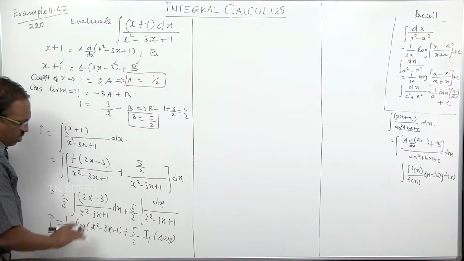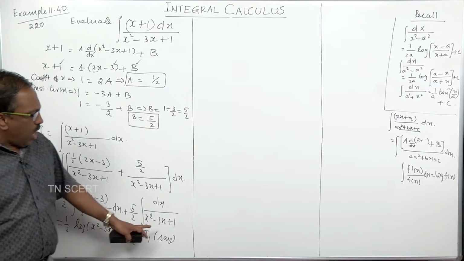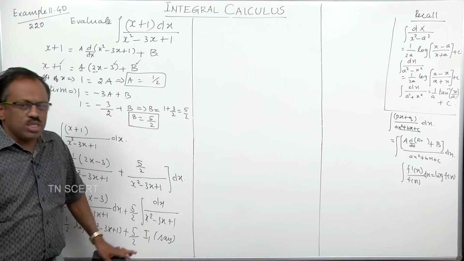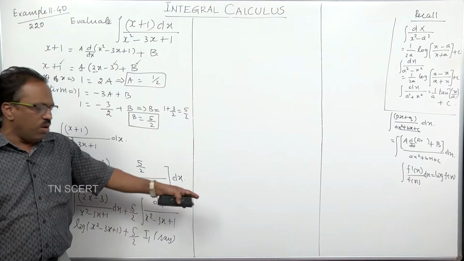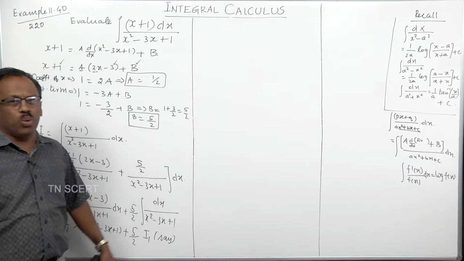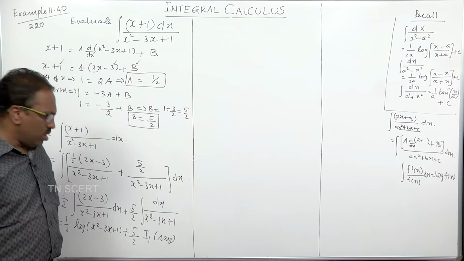So now we have the value like this. I am going to do this I1 separately. The constant we will put finally, because the integration is not yet over.